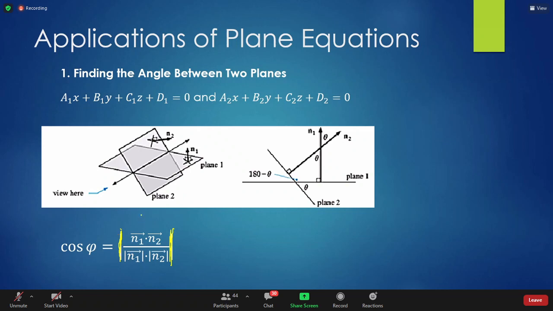So the cosine of this angle and the cosine of this angle, because together they form a straight angle, are simply opposite numbers. And therefore you make sure that the cosine value is positive to get the acute angle. So just like that, we only take the two normal vectors of the planes.